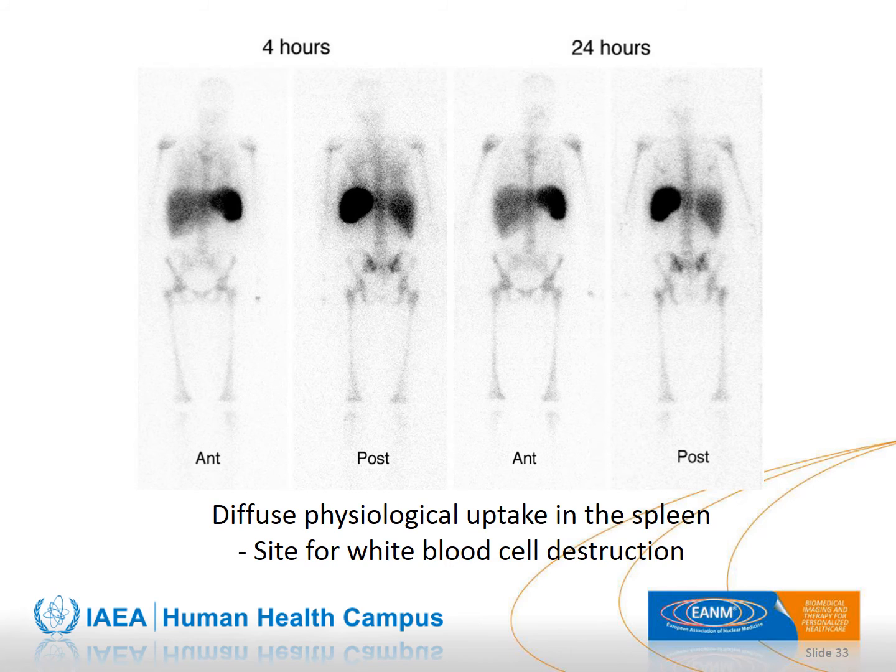Unfortunately, this white blood cell scan did not reveal a source of infection. In fact, the only area of increased uptake was within the spleen, which is a physiological site for WBC accumulation for destruction, often seen during an inflammatory process.